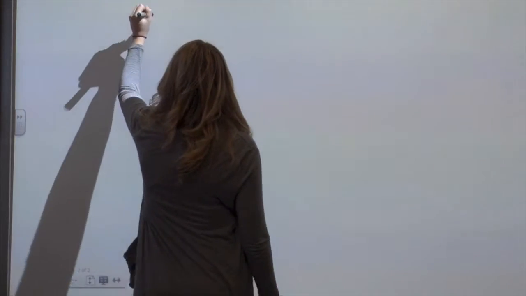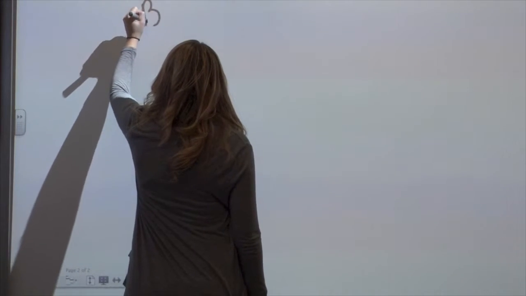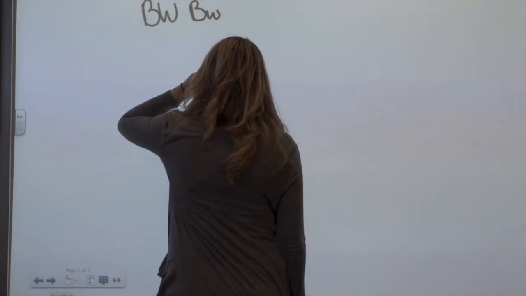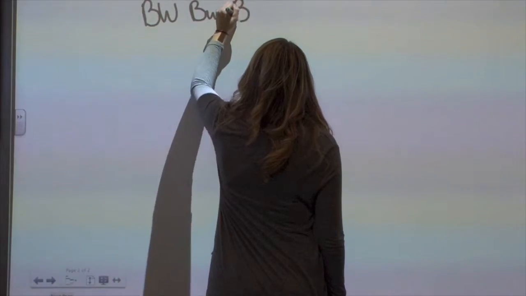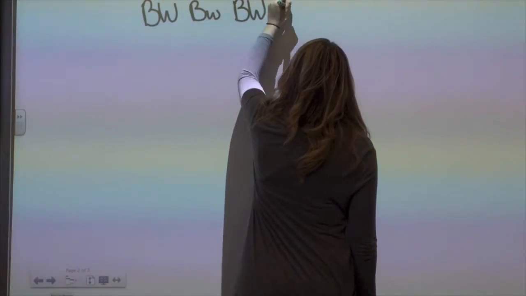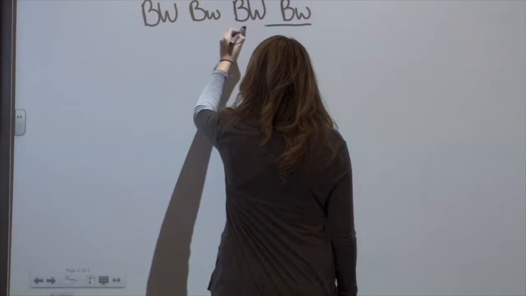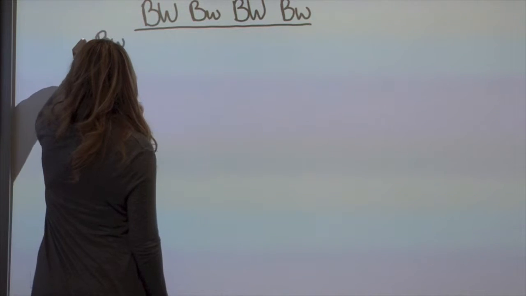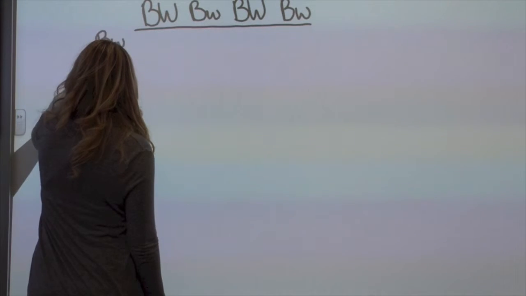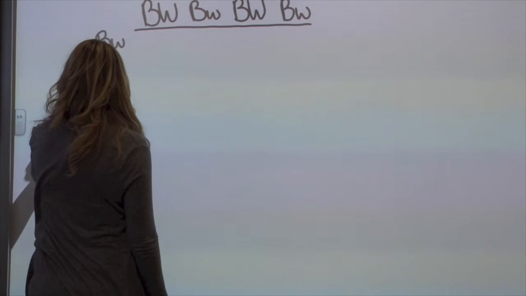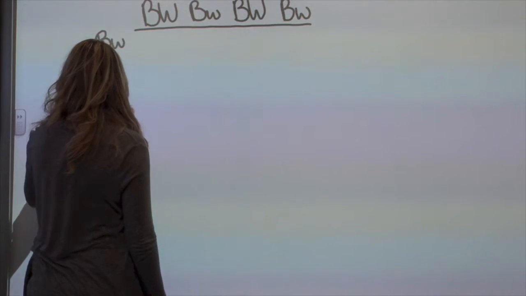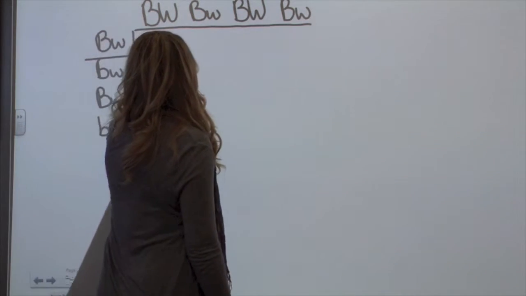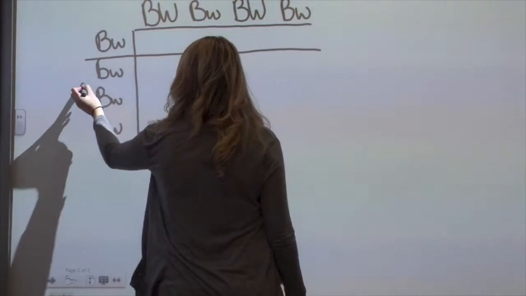So if we take all of our options from the father, and then all of our options from the mother, and we cross these two, this is what is called a Punnett square.